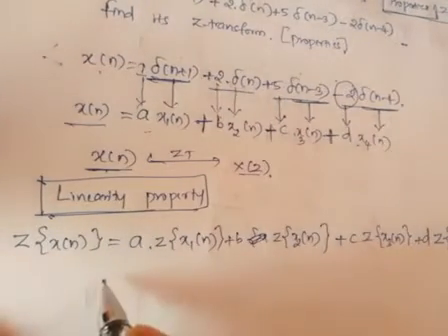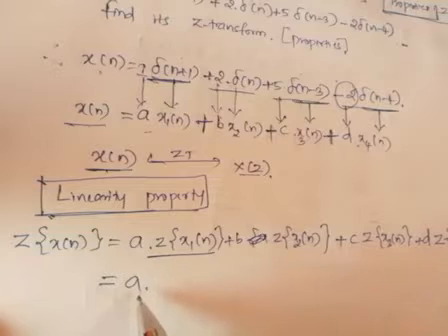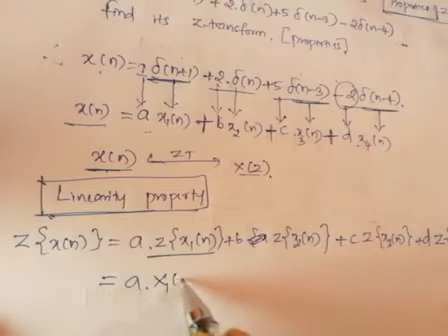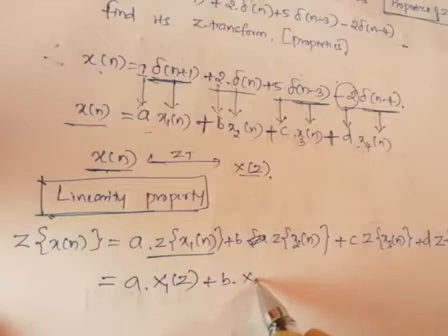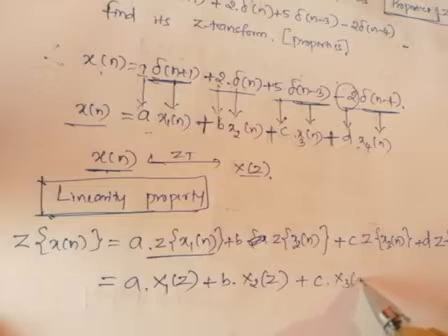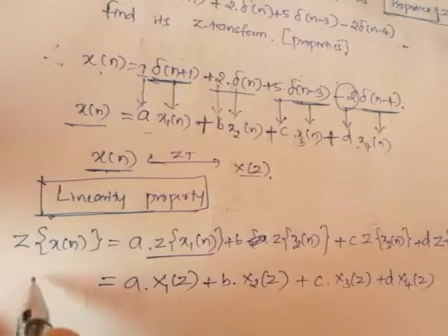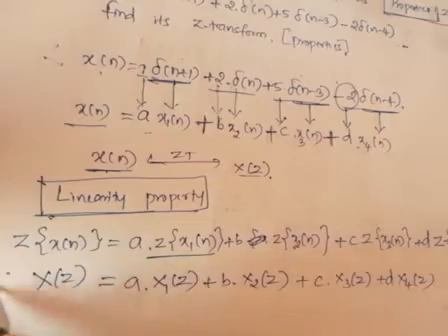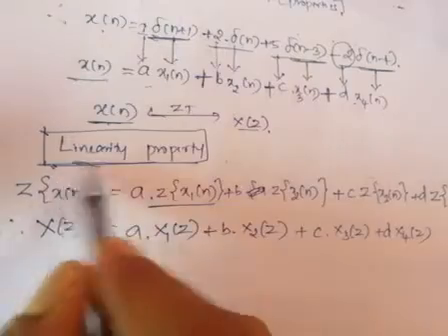Next step, a as it is the coefficient term, Z transform of x1 of n I write as a x1 of z, plus b into x2 of z, plus c into x3 of z, plus d into x4 of z. That is the total x of z. This we have written with the help of the linearity property.